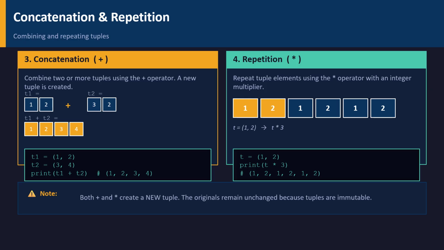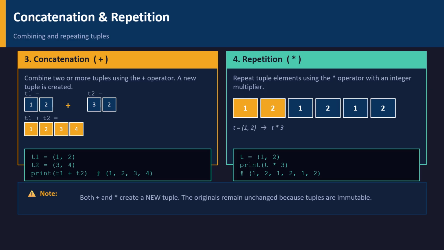In the repetition operation, it repeats the elements of a tuple using the multiply operator with a number. For example, if T has 1, 2, then T multiplied by 3 gives us the values 1, 2 repeated 3 times.